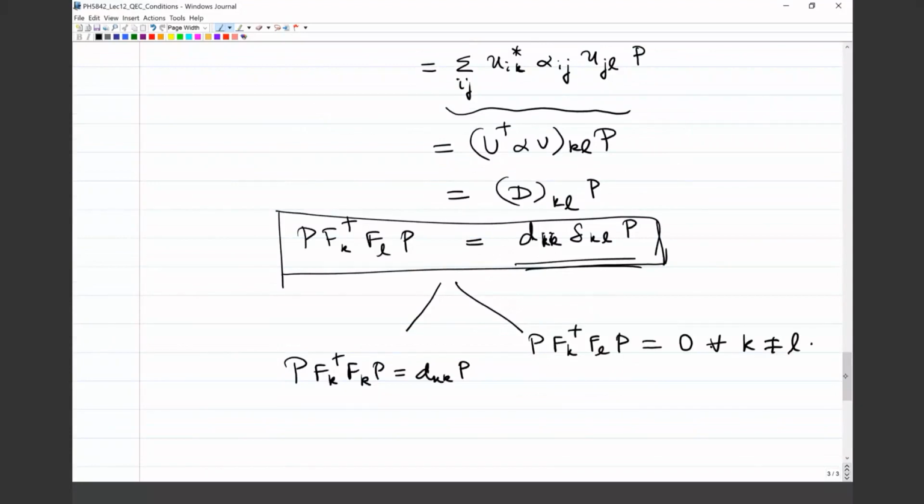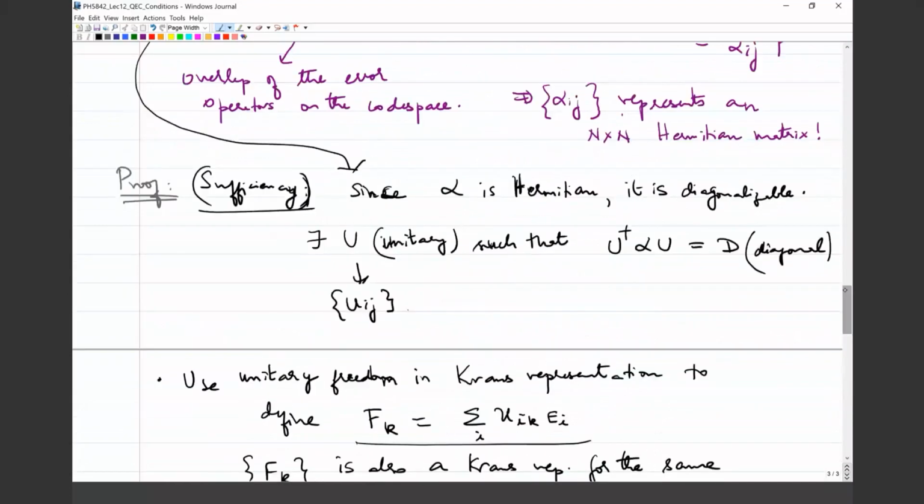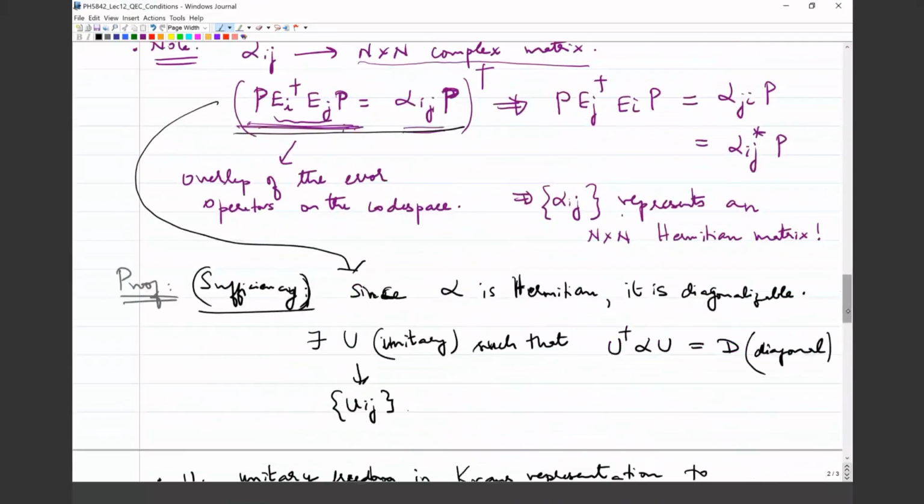Okay, so let me back up a little bit and repeat this argument again. You know that these alphas are diagonalizable, right? So you start with this condition. The alpha ij's form the coefficients of a Hermitian matrix. Hermitian matrices are diagonalizable. And because they're diagonalizable, there exists a unitary operator, U, that will cast it into this diagonal form.